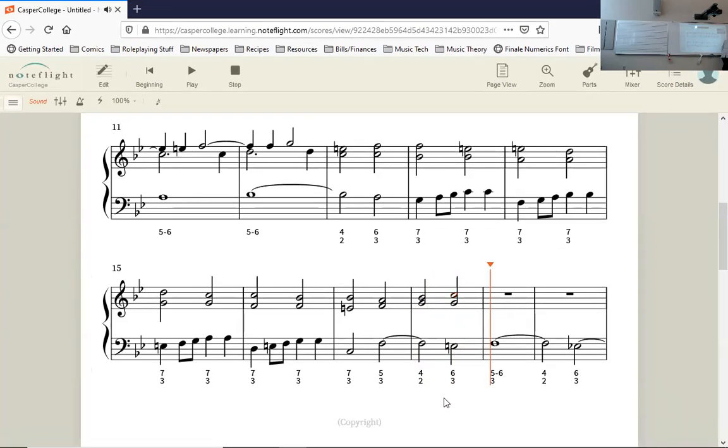The 5-6 motion doesn't happen. Notice: ti, do, re, do. So we need sol, B, mi.